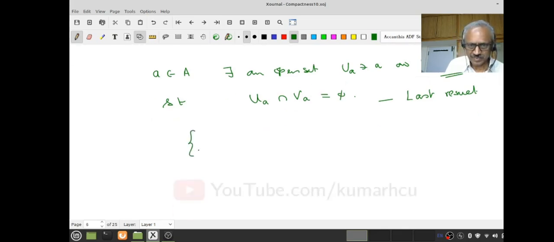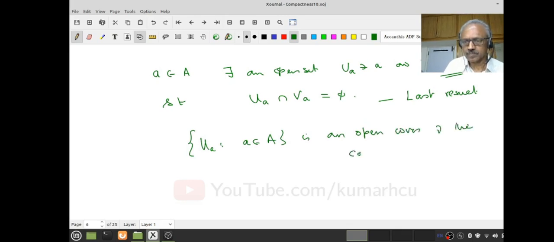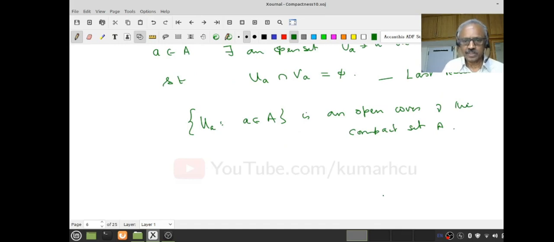Yes, look at U_a, a in A. This is an open cover of the compact set A. Why is A compact? Because A is a closed subset of X and X is compact. Any closed subset of a compact set is compact. Therefore, there exists a finite subcover.